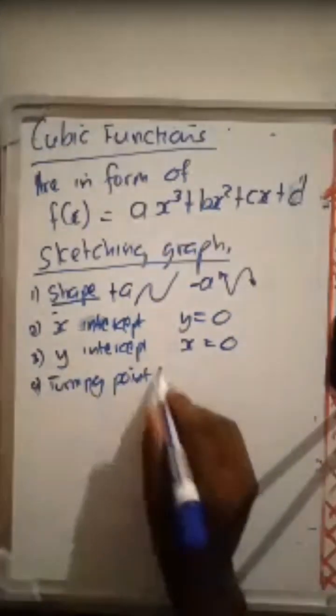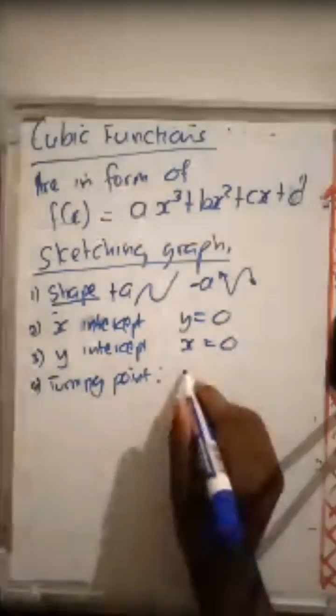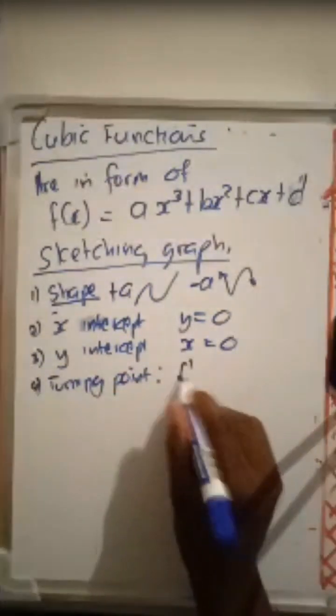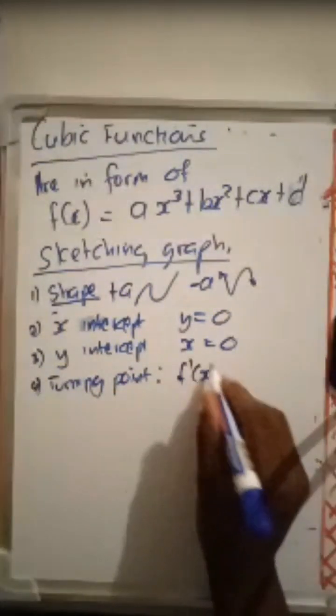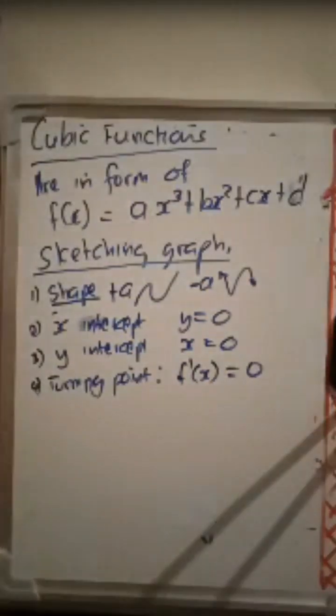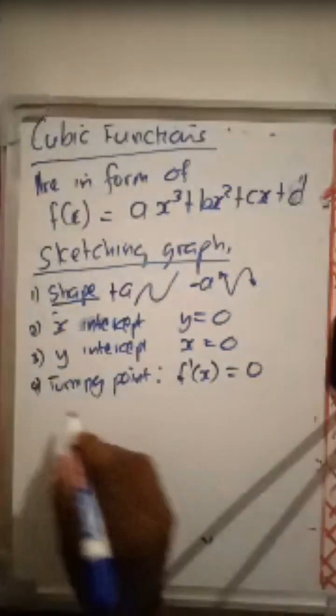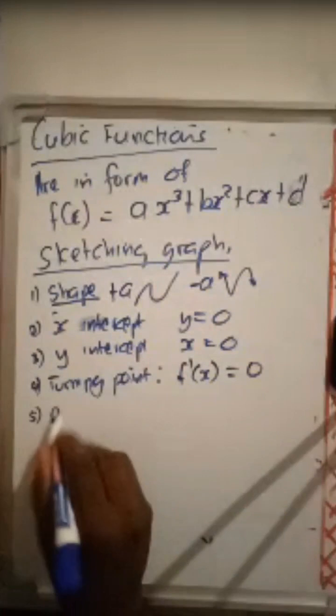That is where the application of differentiation comes in. You find the first derivative, then equate it to 0, and you get what we call the stationary points. Then we also need number 5, the point of inflection.